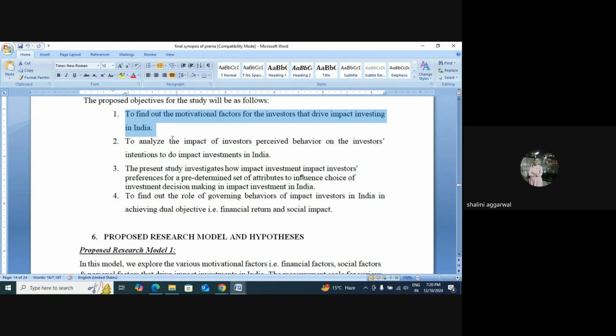So once you have got your questionnaire made and received the responses from the respondents, you start writing your papers, right? First objective.